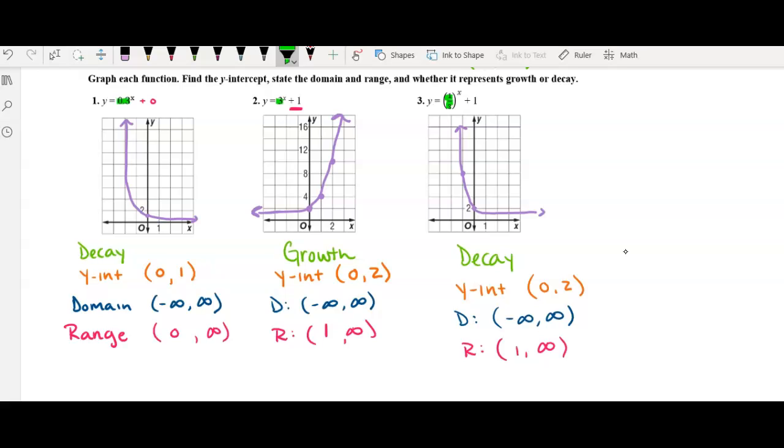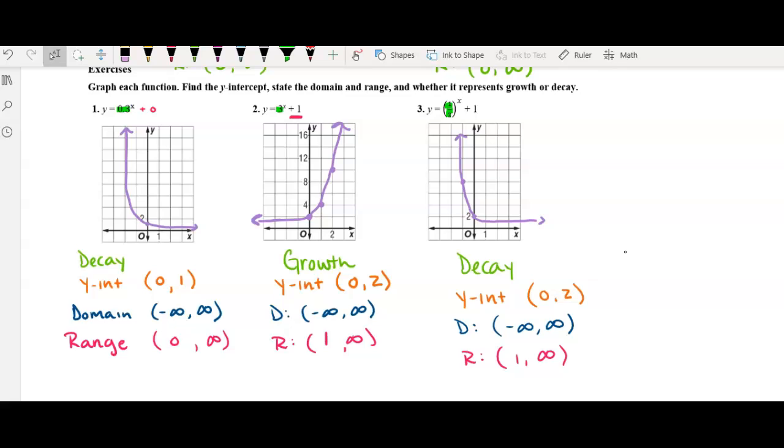or the graph. Again, noting the domains are all negative infinity to positive infinity. That will always be true with exponential functions. Now the range comes from the horizontal asymptote. We talked about asymptotes in the last section.